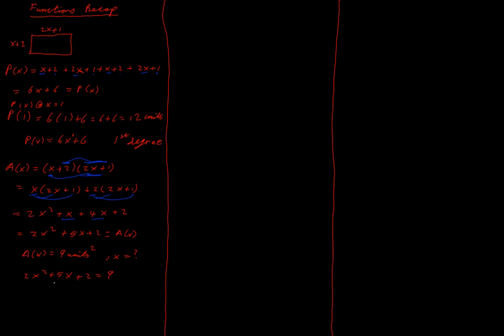And I see now that I have a quadratic that I want to solve. So now let's go and solve it. I'm going to subtract 9 from both sides, or depending on how you were taught, I'm going to bring everything over to the left. And I end up with 2x squared plus 5x minus 7 is equal to 0. And now I know that I'm going to solve this quadratic.